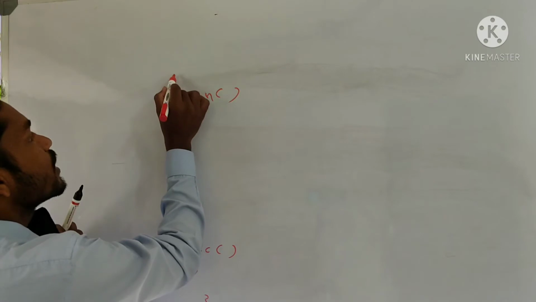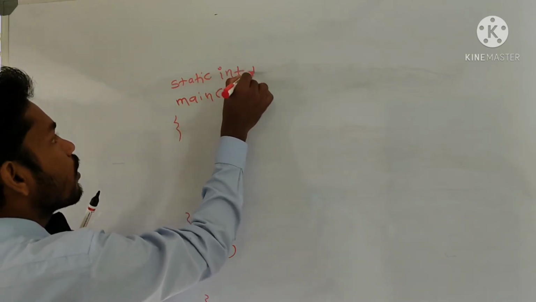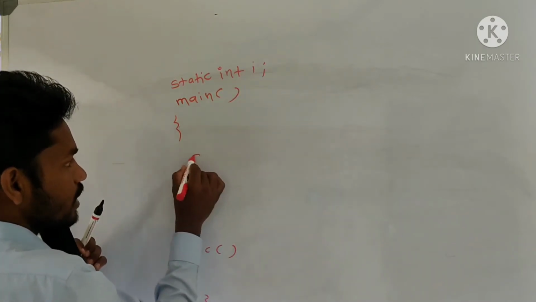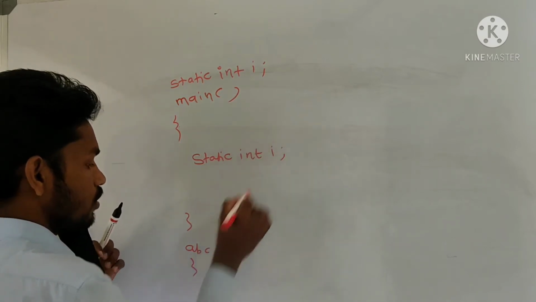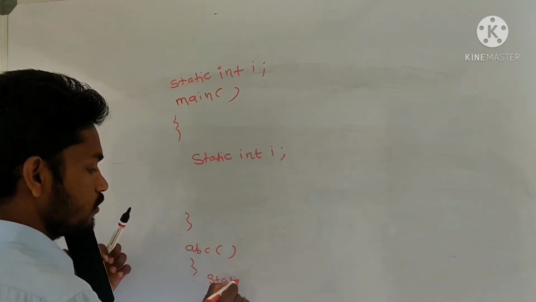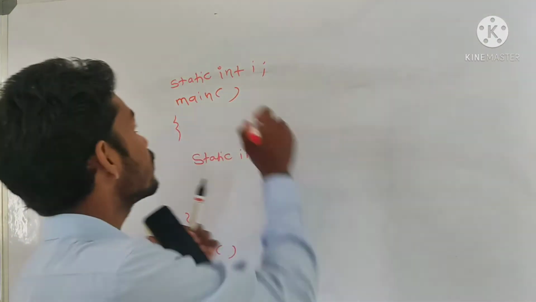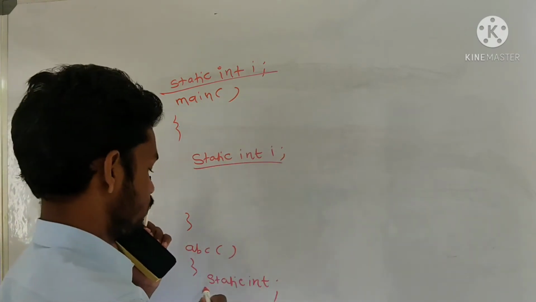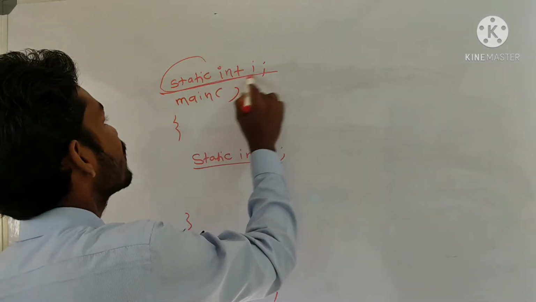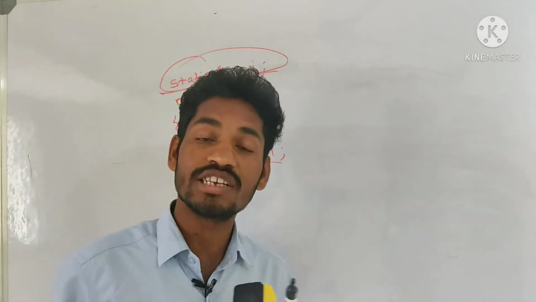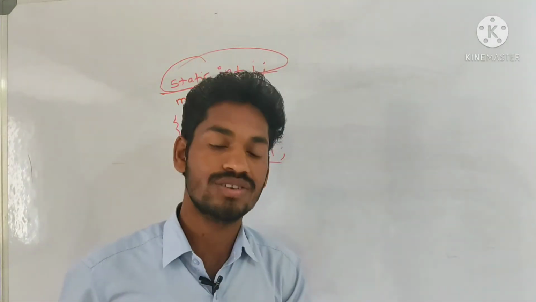We can declare a static int i here also, or here. So we can declare a static variable globally as well as locally. But in case of the auto variable, we cannot declare it globally. Okay, you have to understand.